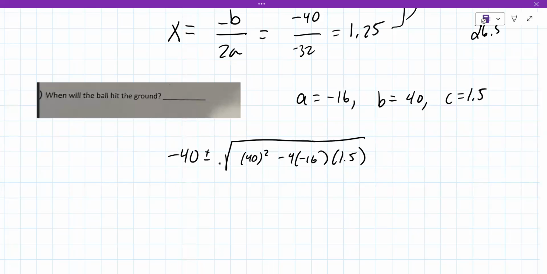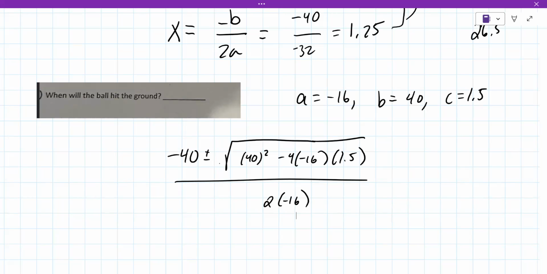Okay, now let me do this again. I know it's late. Yeah, we're almost there. -40 plus square root of 1600 minus 4 times -16 times 1.5, divided by 32.